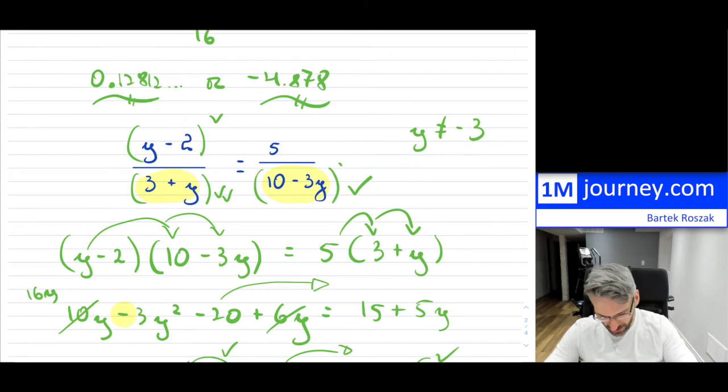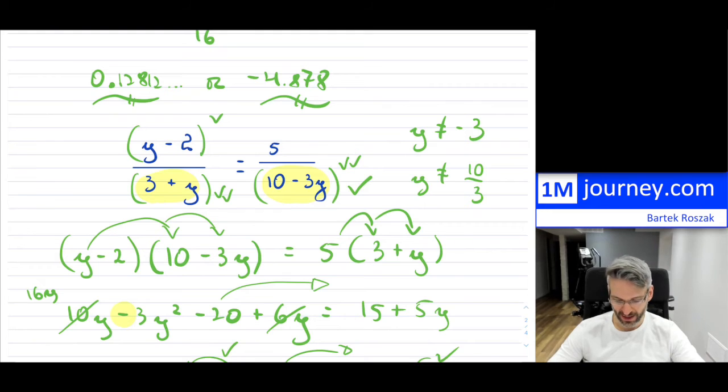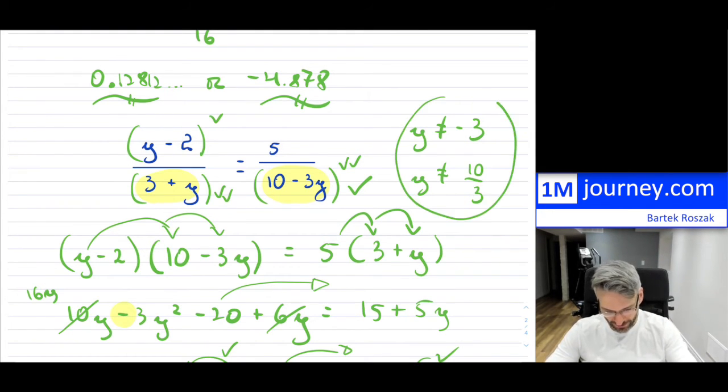And then from the other one, if you would solve that, you're going to get that y also cannot be equal to 10 over 3, because that would make that denominator 0. So it can't be those two.